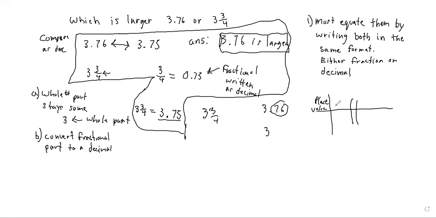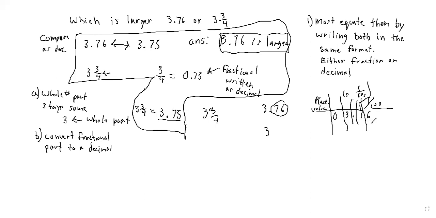In 3.76, the 3 is in the ones place, and to the right of the decimal point, the first place is the tenths place. The next one is smaller, it's in the hundredths place, right?